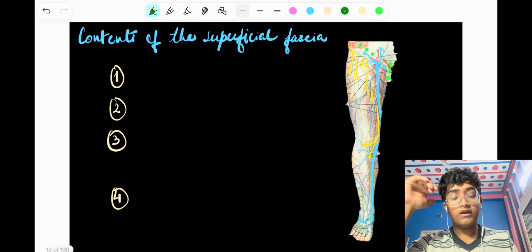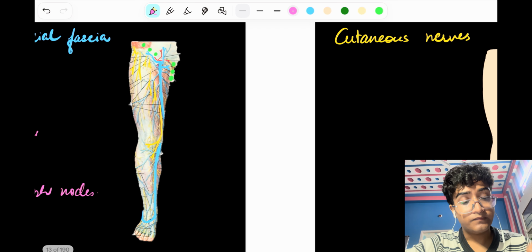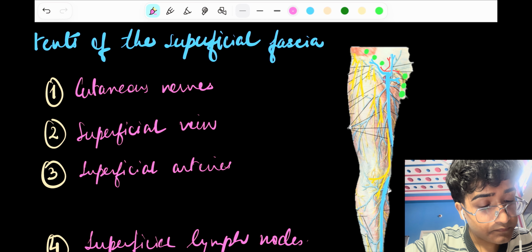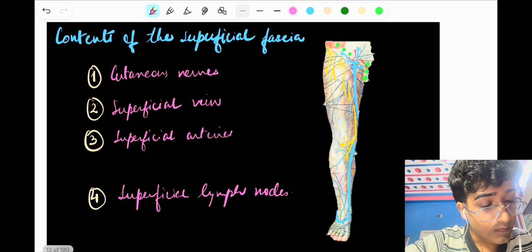So what are the cutaneous nerves of the front of the thigh? Let me mark it. It has a lateral cutaneous nerve of thigh, an intermediate cutaneous nerve of thigh, and a medial cutaneous nerve of thigh. And another one, there is a femoral branch of the genitofemoral nerve.